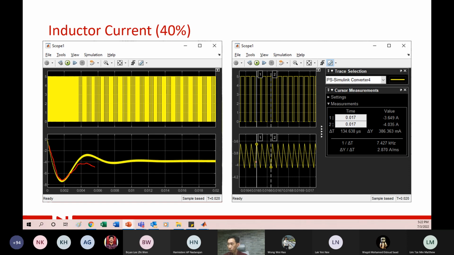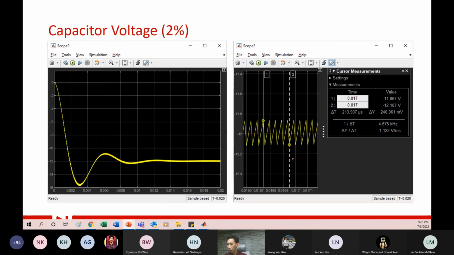You can actually measure the peak to peak of 40%, which is around 38 or 39, because it's 1 amp. So this one will be the percentage. And then for the wattage, again 20%, because you can see that it goes to negative wattage.